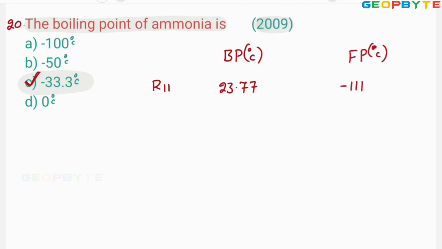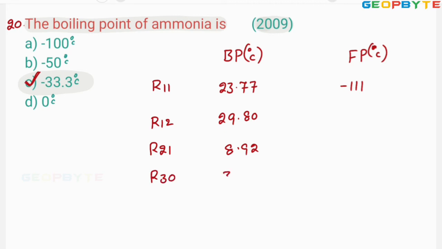Similarly, for other refrigerants: R12 boiling point is minus 29.80 degrees centigrade. R21, 8.92 degrees centigrade.